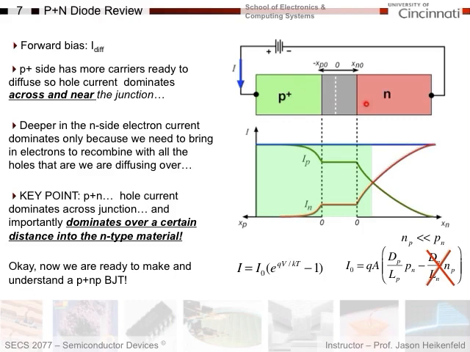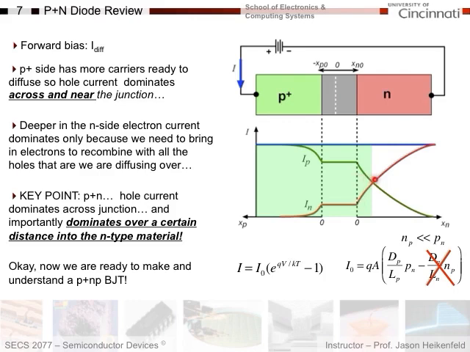Now, here's the key point. Because it's a P plus N junction, hole current dominates across the junction. There are way more holes going this way than there are electrons this way because there's a lot more holes available to diffuse over, right? More importantly, you'll notice that hole current here dominates over electron current out to a certain distance.